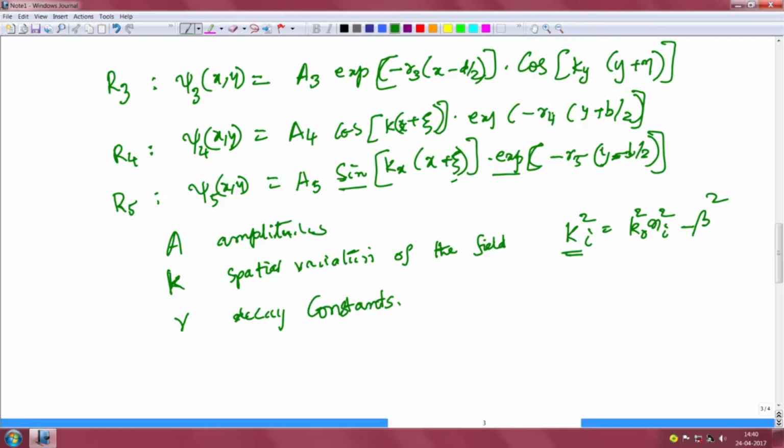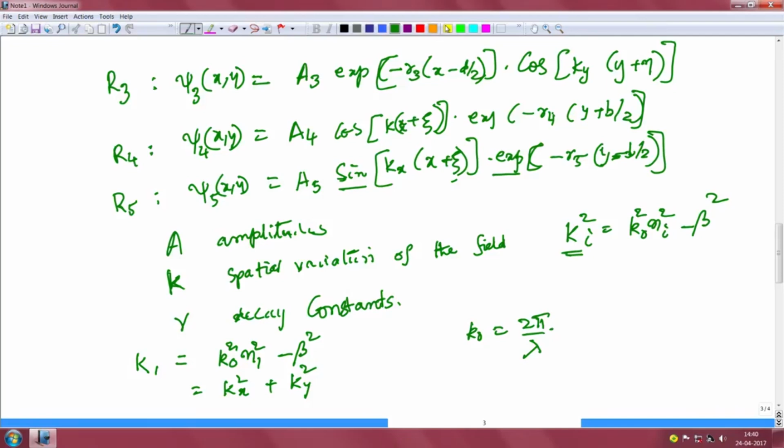So, in particular the oscillatory constant K is important in the region 1, and we would like to call it as K0 square n1 square minus beta square, where K0 is 2 pi by lambda, and which can be expressed in terms of Kx and Ky as Kx square and Ky square.